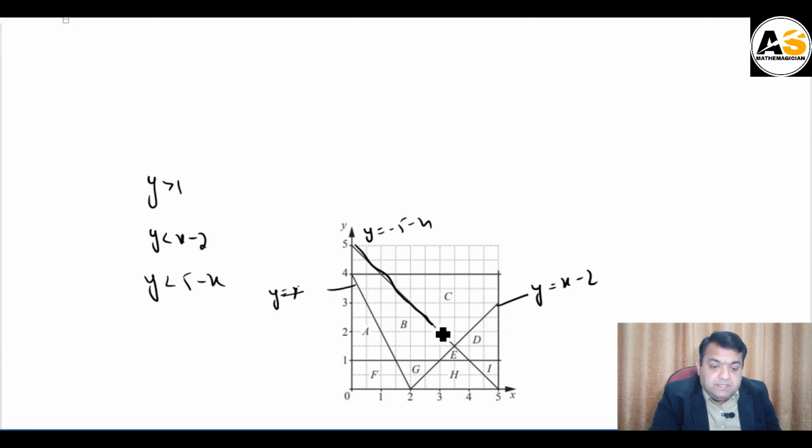This is the second equation, this is the first equation. We need to find the region which is above this, below this, and below this. This is region E.